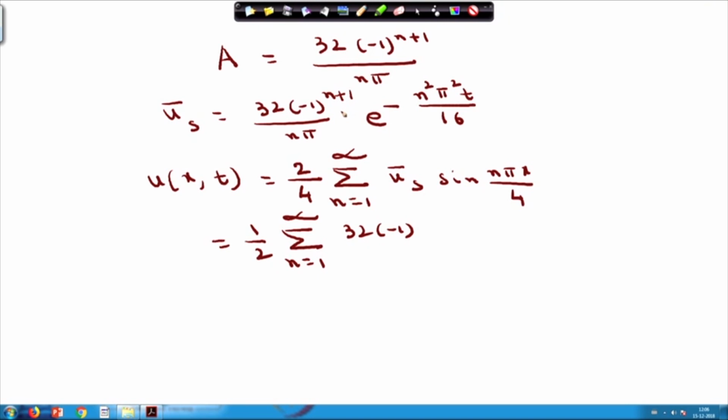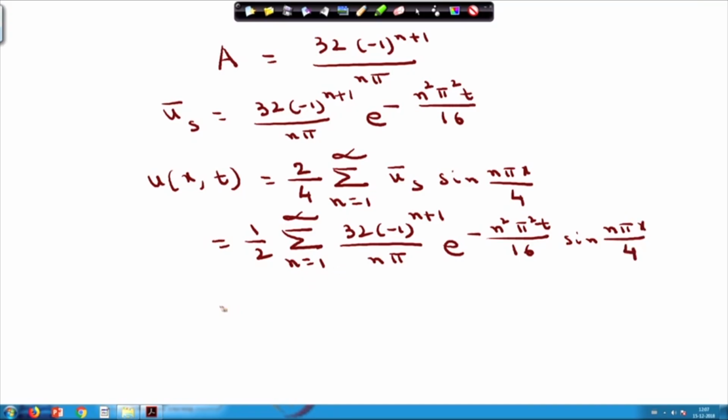Please note this, ū_s will be 32(-1)^(n+1)/(nπ) e^(-n²π²t/16) into sin(nπx/4).